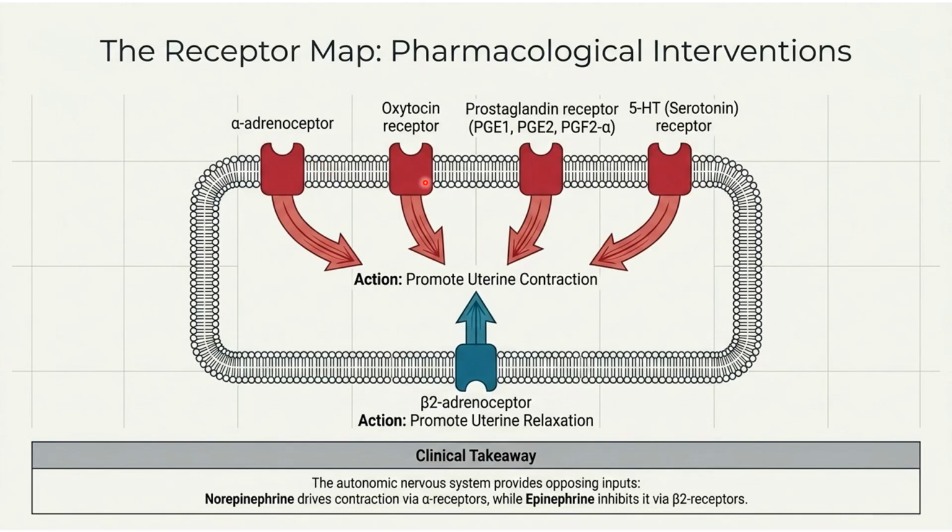Then we have the oxytocin receptors, which bind directly to oxytocin hormone. The prostaglandin receptors, which are important for the widening or ripening, opening of the cervix during the first stage of labor, namely prostaglandin E1 receptors, prostaglandin E2, and prostaglandin F2 alpha. And last is 5-hydroxytryptamine, which is serotonin receptors. All these are considered stimulant receptors, uterotonic receptors. The activation of these receptors will stimulate uterine contraction.